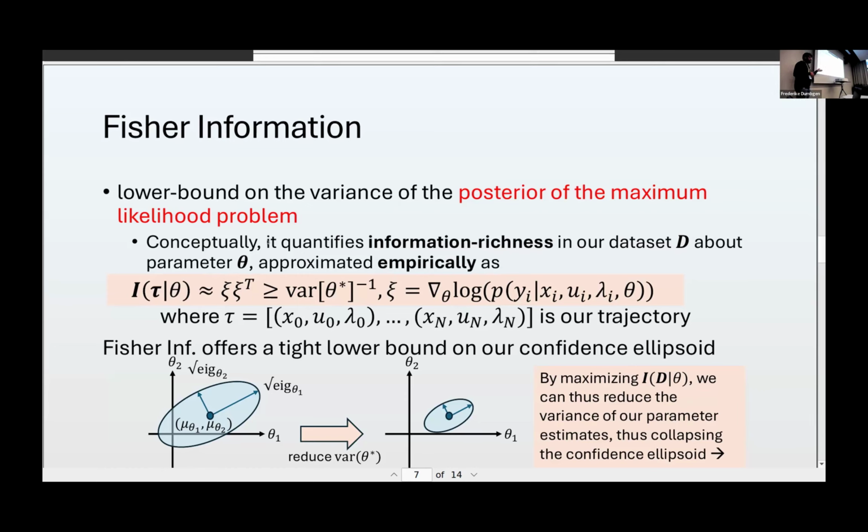So the Fisher information provides a tight lower bound on the confidence ellipsoid. So if we have a confidence ellipsoid of just two parameters, then we reduce our variance, our confidence ellipsoid collapses. So if we maximize our Fisher information, we can reduce the variance of our parameter estimates, thus collapsing our confidence ellipsoid.